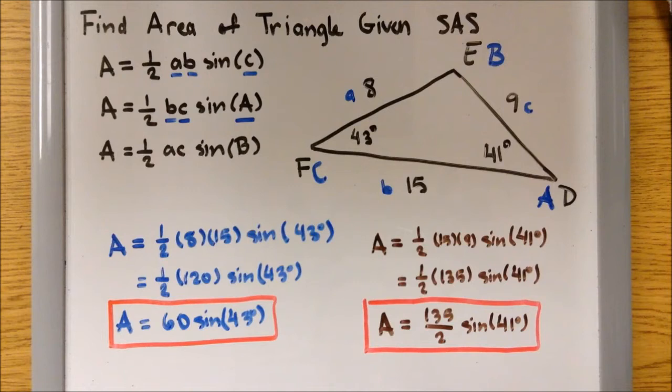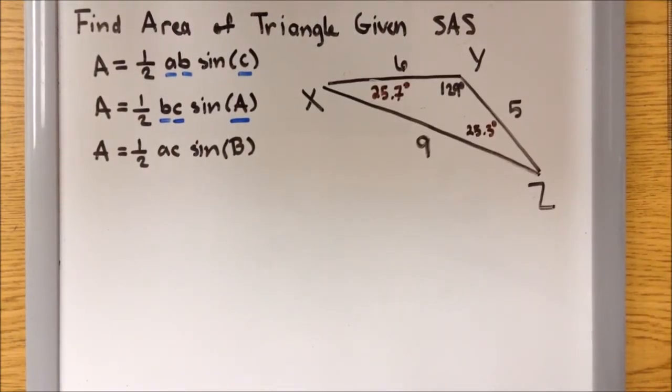All right, now is just trying to focus on the setup. So area equals 135 over 2 times sine of 41 degrees, or area equals 60 times sine of 43 degrees. So whichever you use, that's fine, as I may need one or I might need all three depending on what kind of triangle I have here.